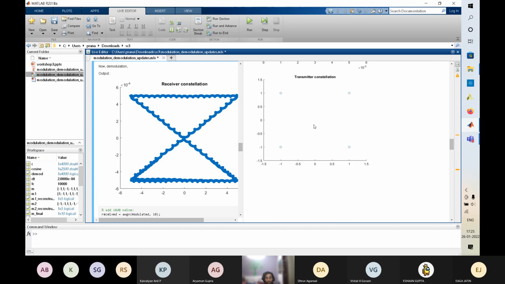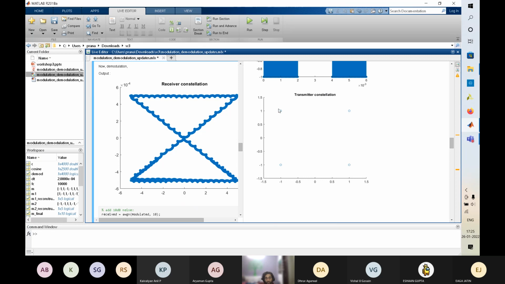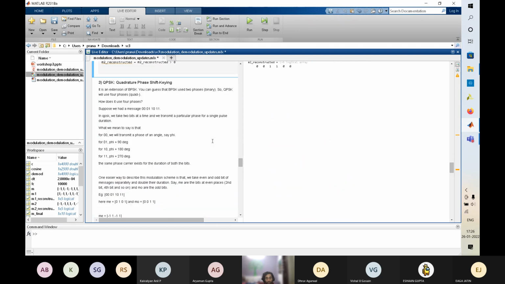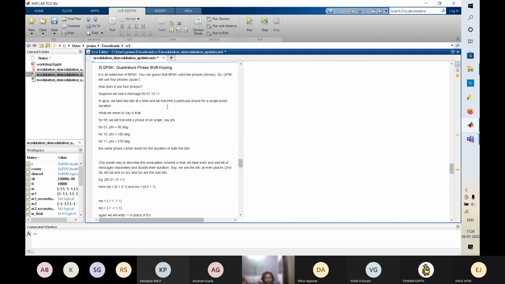On the right is what we transmitted, and on the left is what we received. Basically, making a decision is not that easy, which I will discuss in a minute.